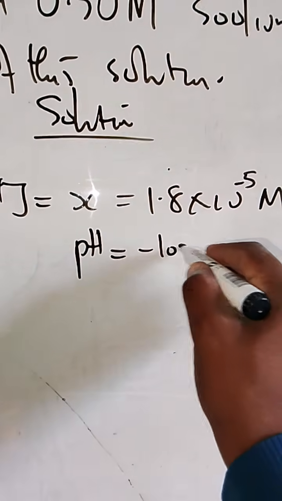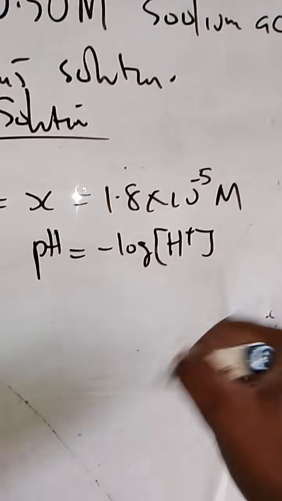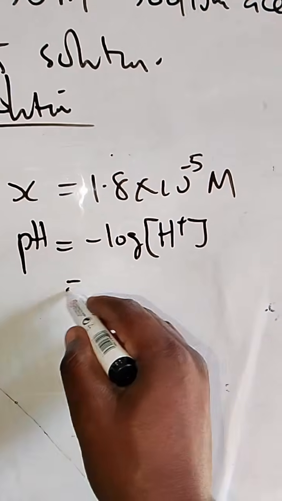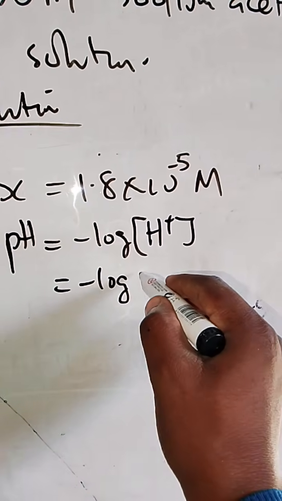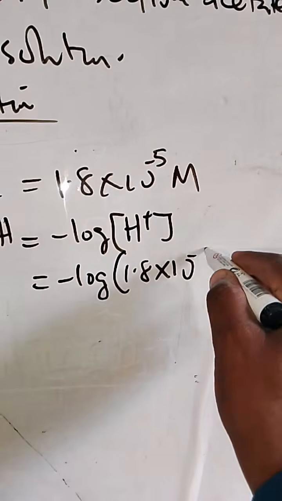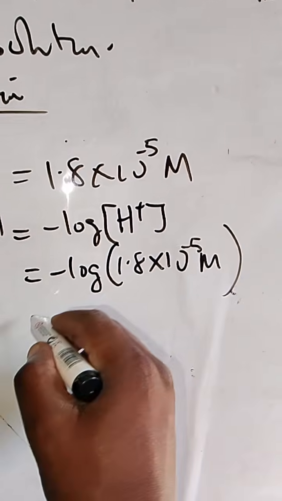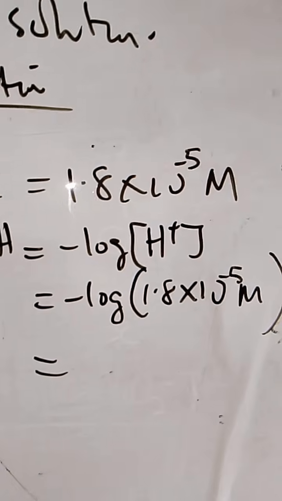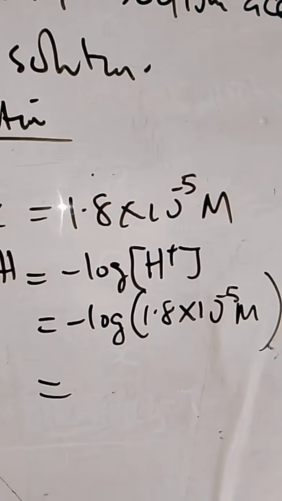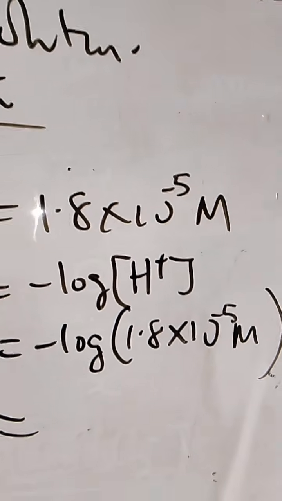Okay, so now from there we can calculate pH. pH is equal to negative log hydrogen ion concentration, which is equal to negative log 1.8 times 10 to the power negative 5. So we do the computation.